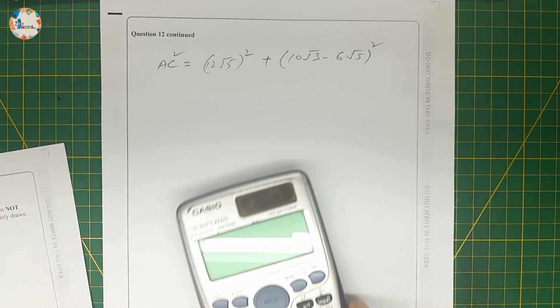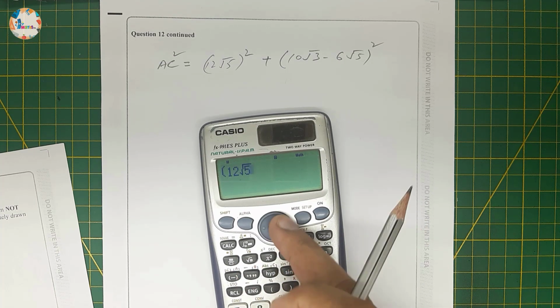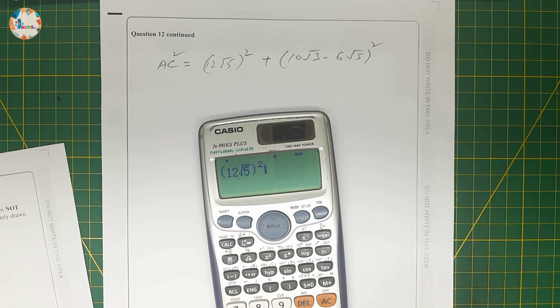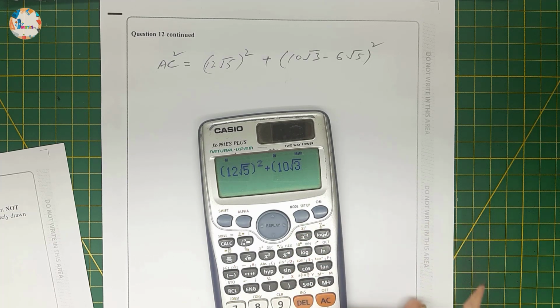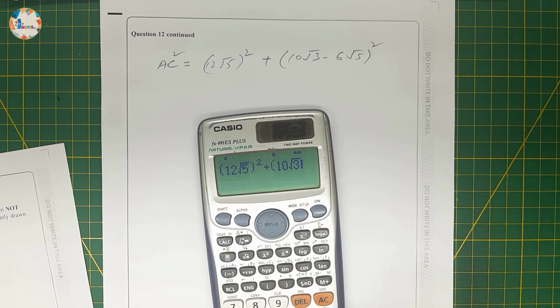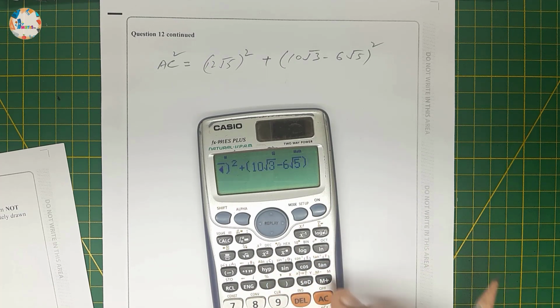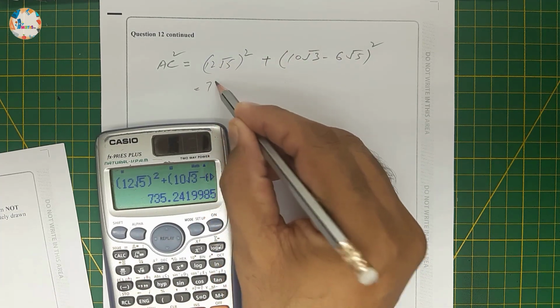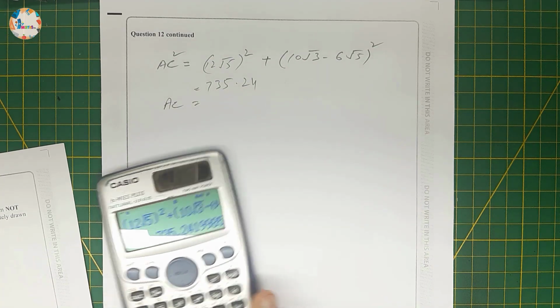We can calculate: this will be (12 under root 5) whole squared plus (10 root 3 minus 6 root 5) squared, and the value will be 735.24. So this is AC squared, so AC will be equal to the root of this one.